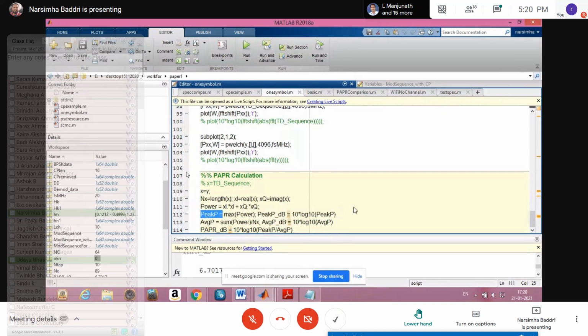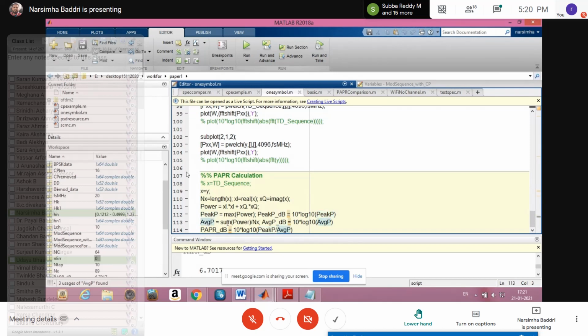PAPR can be calculated with this expression, peak power by average power, for the transmitting signal. We calculate the peak power and the average power. The peak power is the maximum of the entire power.